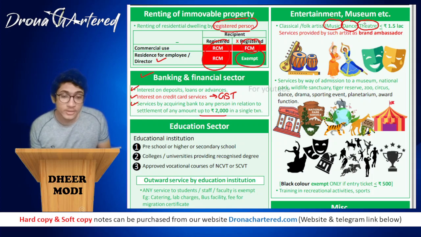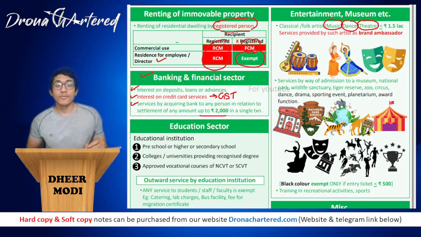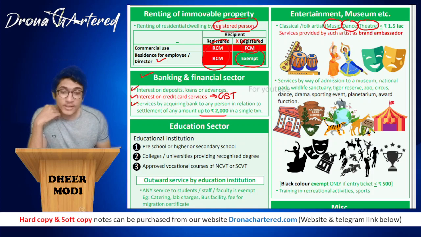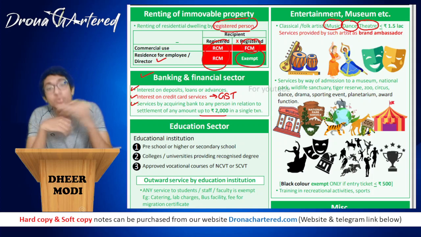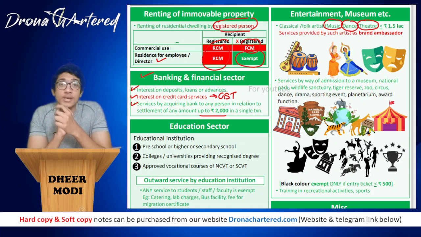So how you can learn this is TDM, that is thanks Dheer Modi. That is T for theater, D for dance, and M for music. So only and only if your artist belongs to these three and the consideration is up to 1.5 lakhs, that is either equal to or less than 1.5 lakhs, will it be exempt. If the consideration is more than 1.5 lakhs, GST will be leviable.